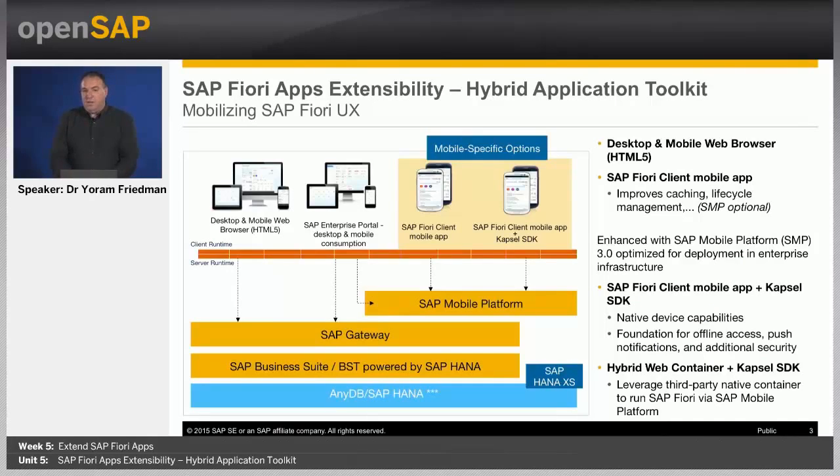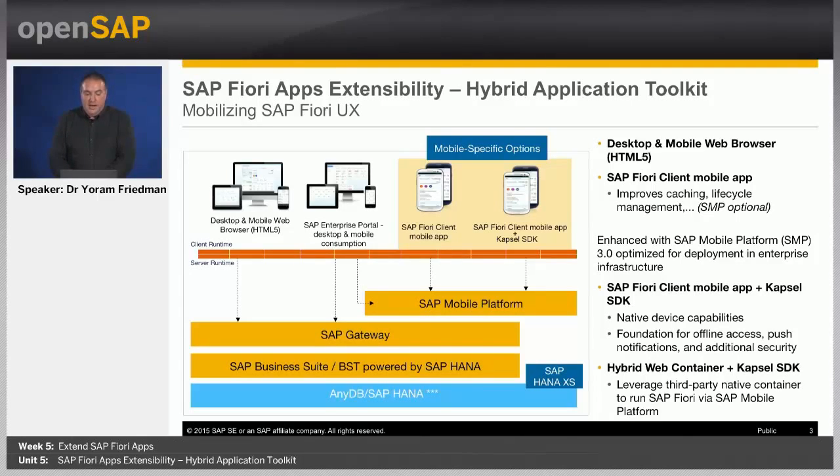Now, when we look at mobilizing Fiori, there are different levels for that. As I mentioned, out of the box, Fiori, using SAP NetWeaver Gateway and our front-end server, is capable of running on any device. But if we want to run it on a mobile device, we might want additional functionality, and also some additional performance features. With Fiori today, we have a set of additional offerings.